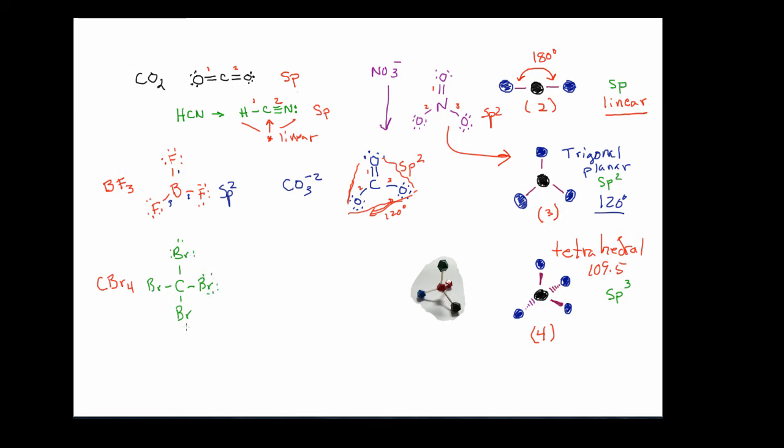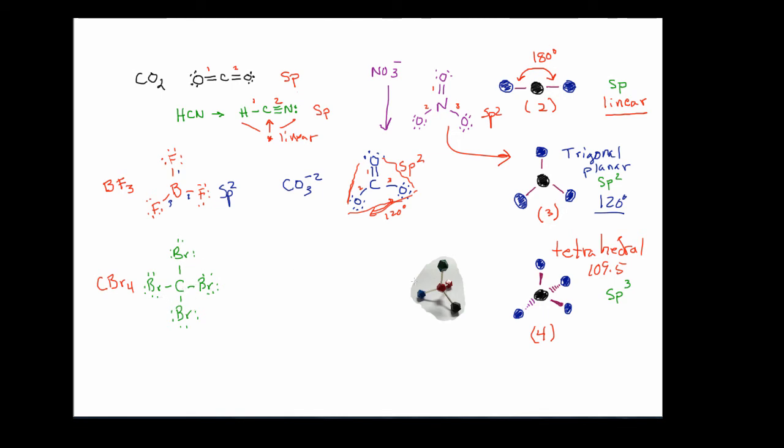Get their electrons in here. A lot of times my students get tired of doing this, but to be correct about it, we need to get them in there. So each of the bromines has 8 electrons around it, and the carbon does as well.